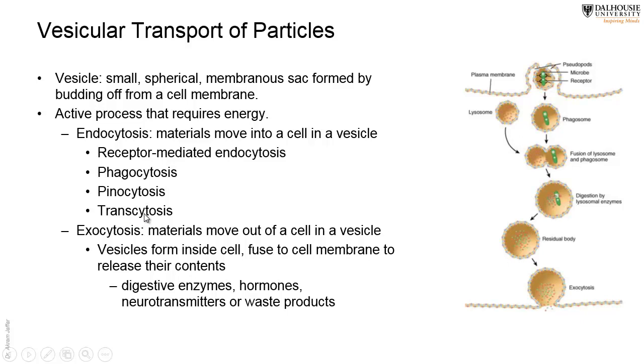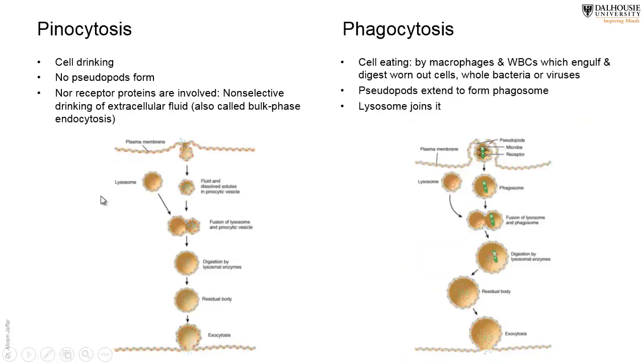The other kind of endocytosis that is mentioned here is pinocytosis. As the name indicates, it is cell drinking. It is only getting the extracellular fluid inside. So here a vesicle is formed, but there is no clathrin, there are no receptors, and no pseudopods. It's only for the fluids.